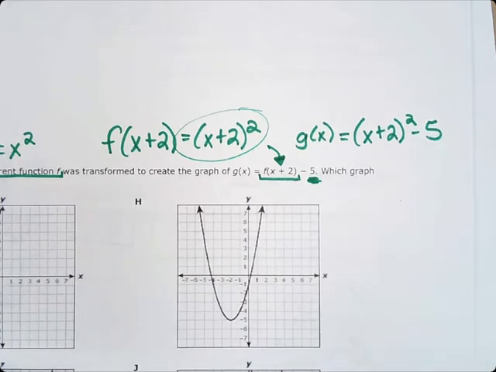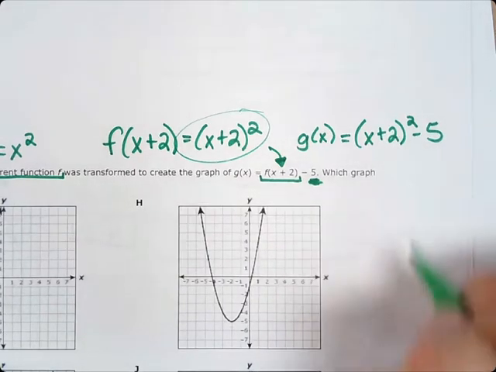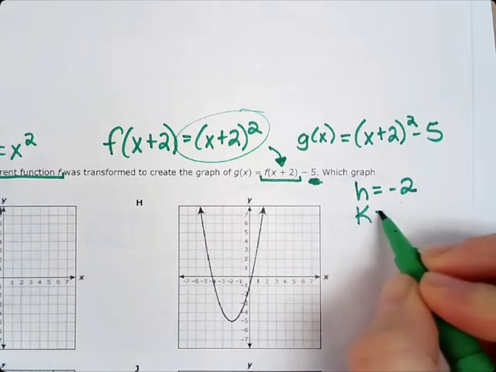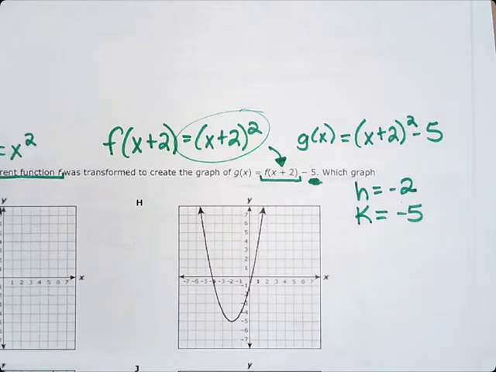We can graph this, but we can also know what our h and k are. What is the h? Negative 2. What's the k? Negative 5.